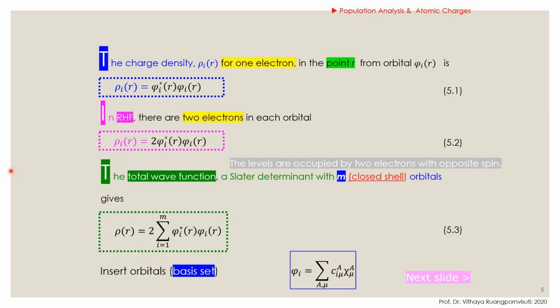The charge density is equal to 2 times the summation from i equals 1 to m orbitals of phi i star multiplied by phi i. Insert the orbitals or the bases into equation 5.3. Therefore, we can get the value on the next slide.